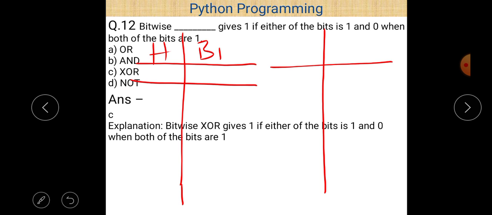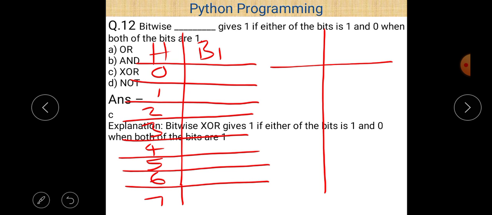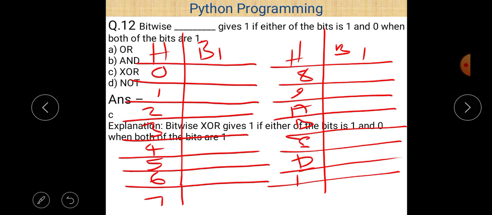So write all the hexadecimal numbers 0, 1, 2, 3, 4, 5, 6, 7, then 8, 9, and we write A in place of 10, then B, C, D, E, and at last F, which represents 15.